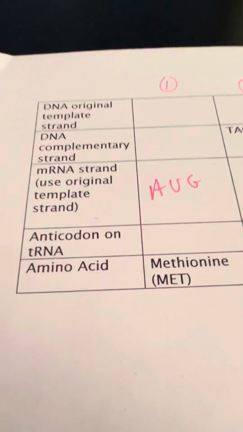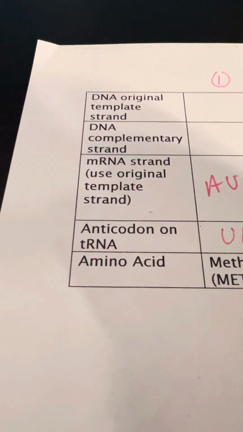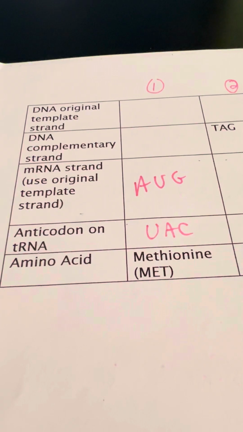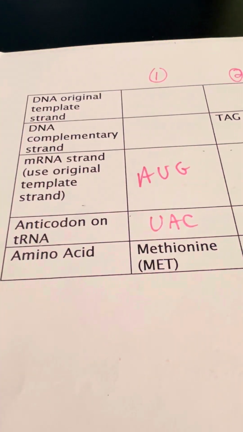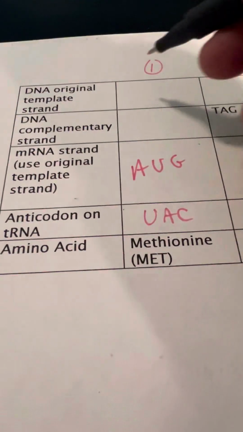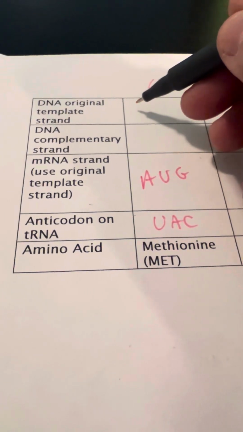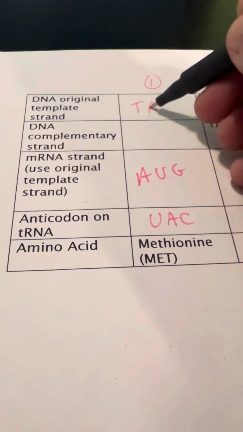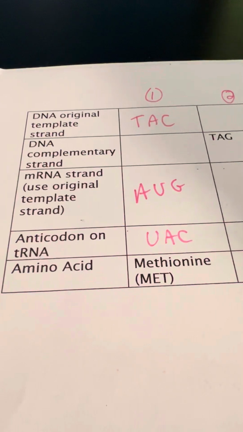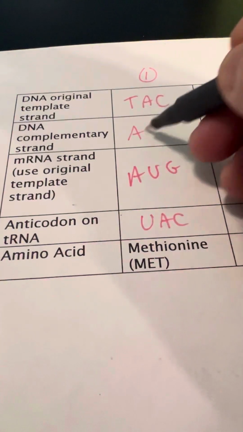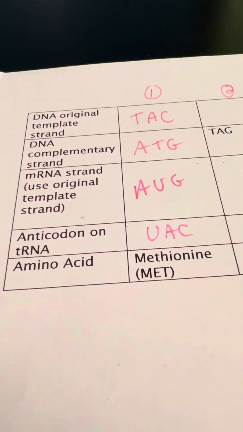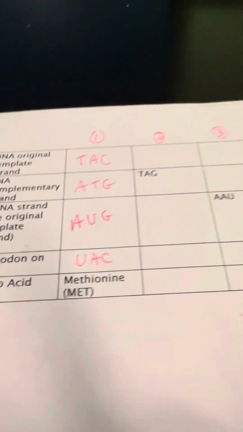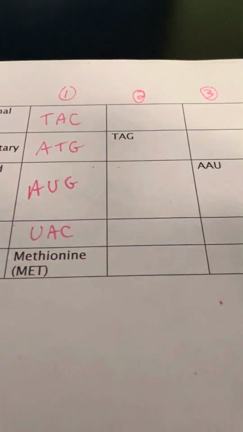Once you have the RNA, you can get everything else, because the tRNA is the opposite letters, so UAC. The RNA is based off of the template of DNA, so up here would be TAC, and then your complementary strand would be ATG. That's what you need to be able to do, and you'll have 4 columns to do on the quiz.